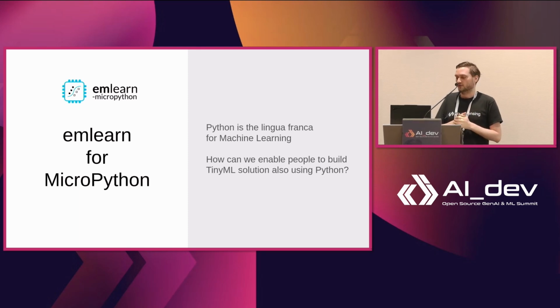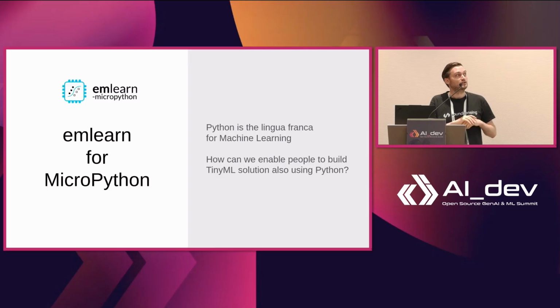The motivation for supporting MicroPython in emlearn is that Python is the lingua franca for machine learning. So you can almost always expect a machine learning engineer, or someone with exposure to that, to know Python, but not necessarily know C. So how can we enable people to build these kinds of tiny ML devices using Python?